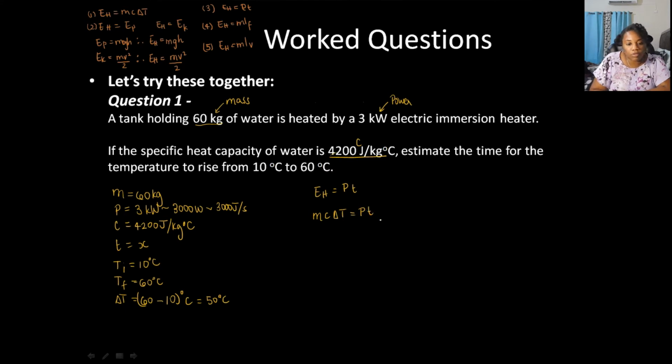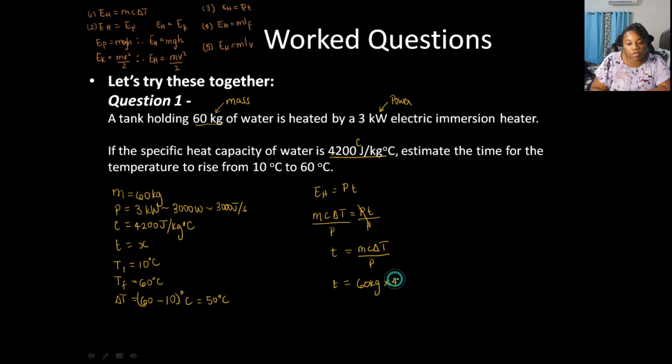And so since we're looking for time, we're going to solve for T. So we're going to divide both sides by P. We're writing this to make sense because we read from left to right. What we're going to do is put MCΔT on the right hand side over P. Then we're going to start to substitute. So the mass is 60 kilograms.